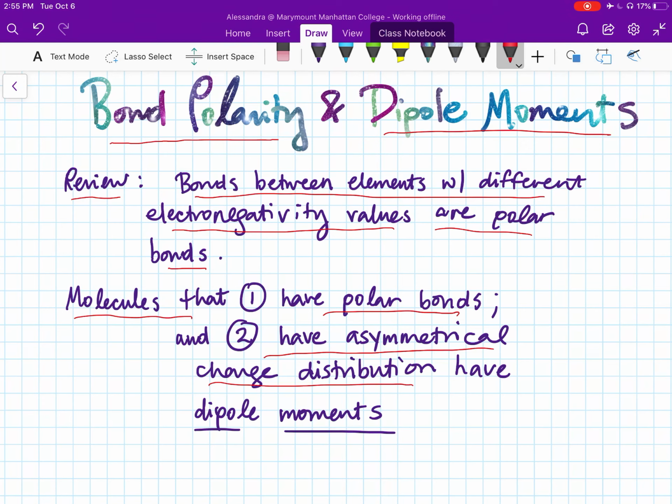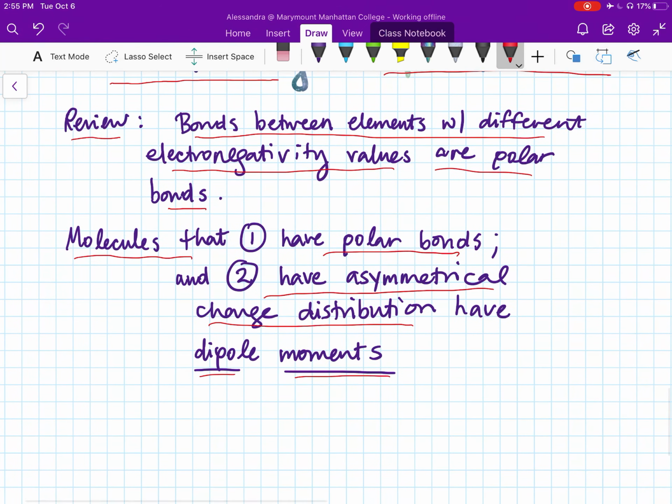If both of these requirements are met, that molecule can be said to have a dipole moment. Another way to describe it is that it's a polar molecule.